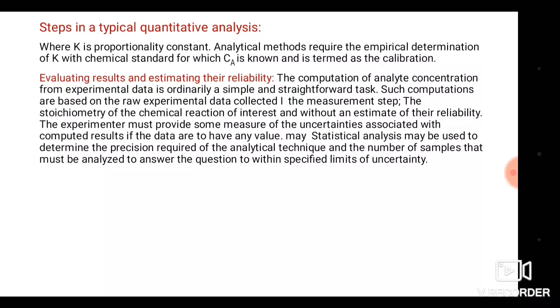An analytical method requires the empirical determination of K with chemical standards for which Ca is known, and this is called calibration. So one of the most important steps in the analysis is the calibration of the method, or calibration of the instrument.